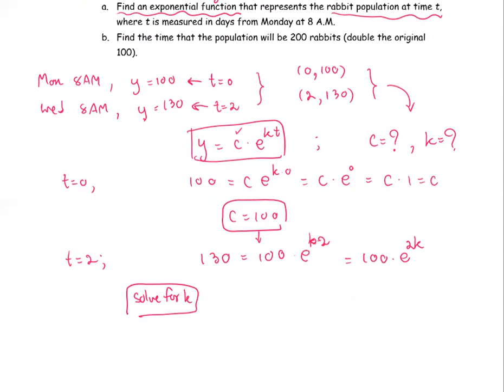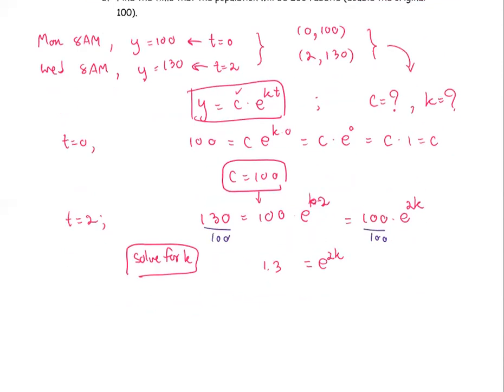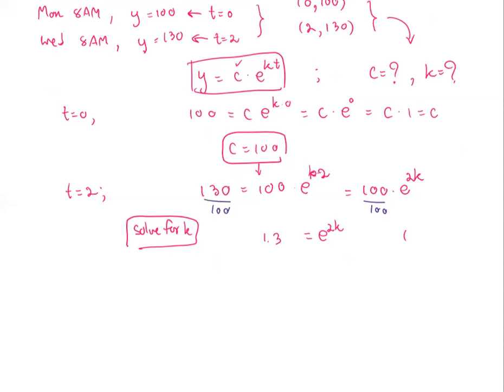To solve for k, we're going to divide both sides by 100, and then simplify the left-hand side as 1.3 equals e to the power 2k. Now we get the exponential equation. To solve for k, we are going to apply the natural log to both sides of the equation.